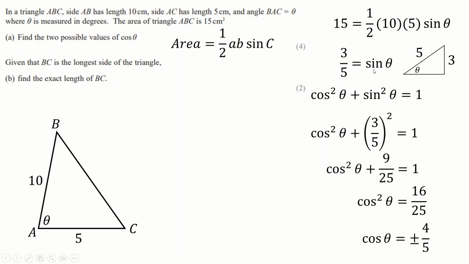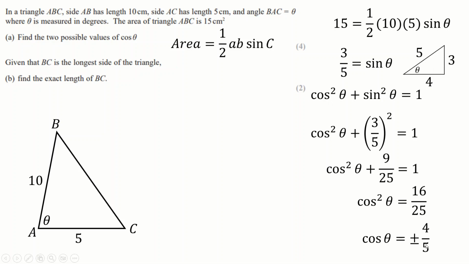Like just from year 8 SOHCAHTOA, sine of theta is opposite over hypotenuse, 3 over 5. But of course, 5 squared minus 3 squared is 16, which is it's the 3, 4, 5 triangle, isn't it? So cos theta must be 4/5. You do that trick a lot in mechanics, just because it saves you a lot of time if you know how to do that.